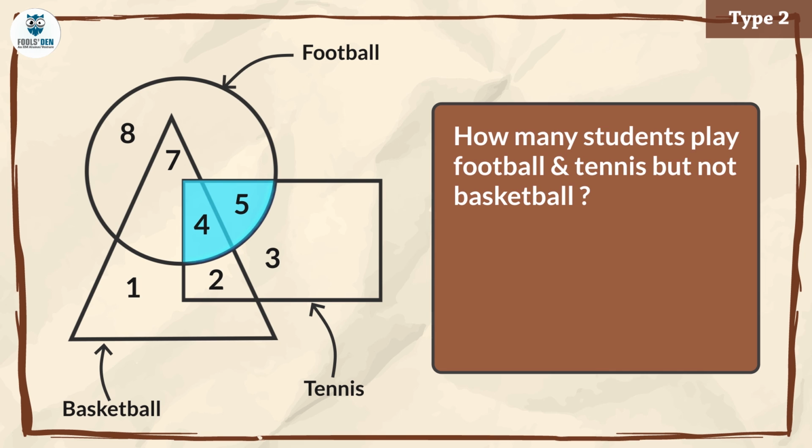That means you have to remove that part of this area which falls under basketball. That is, you have to remove that area which falls under the triangle. So this area would be removed and you are left only with this area. So the final answer is 5.